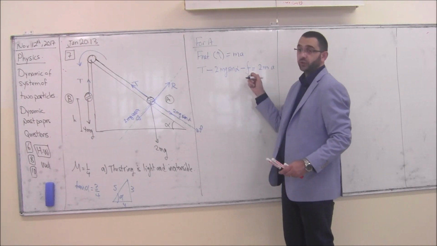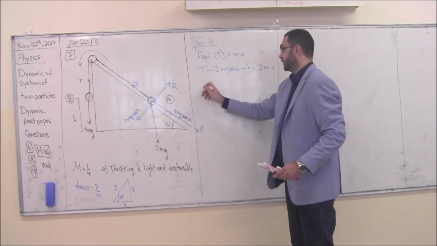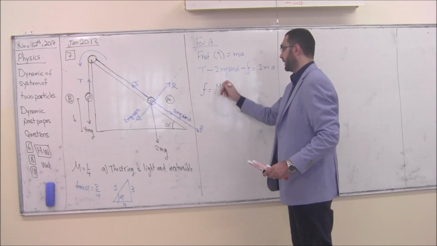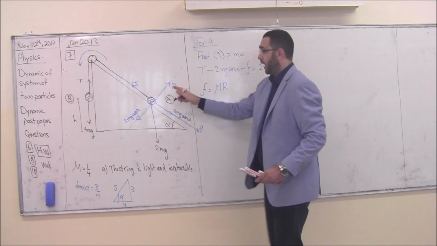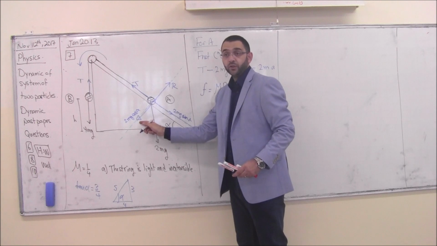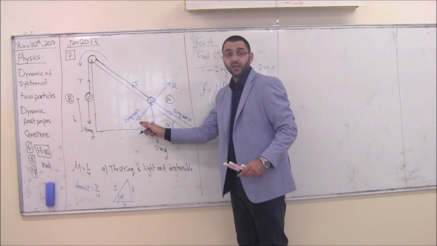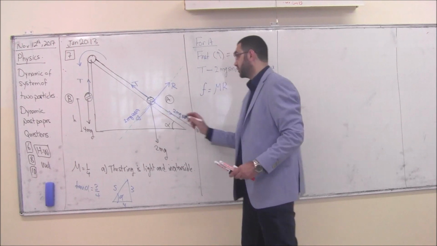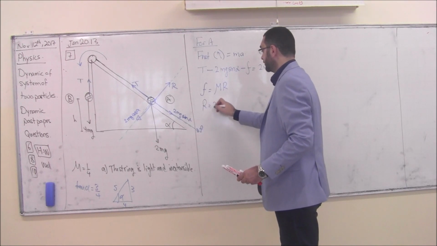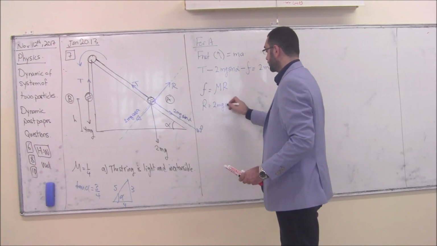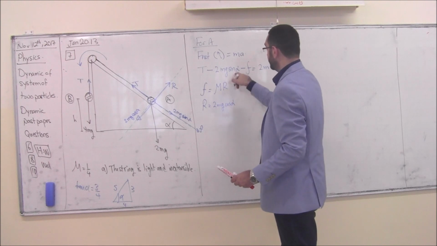We have to find the friction. Friction equals mu times R, mu is given, and R equals 2mg cosine alpha. Substitute this here.